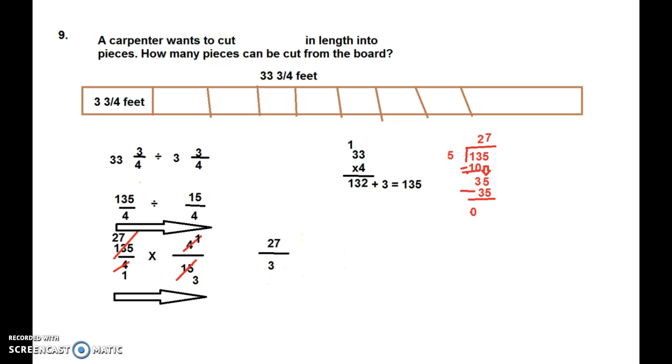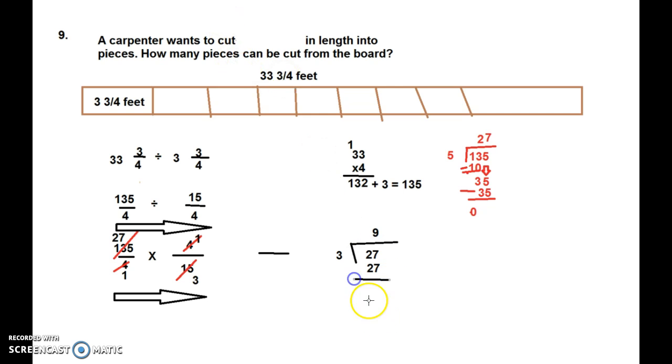Or let me do it the long way. I'm going to draw my division house again. This is 27 divided by 3. And if you guys know your math facts, you'll know that 3 times 9 equals 27.